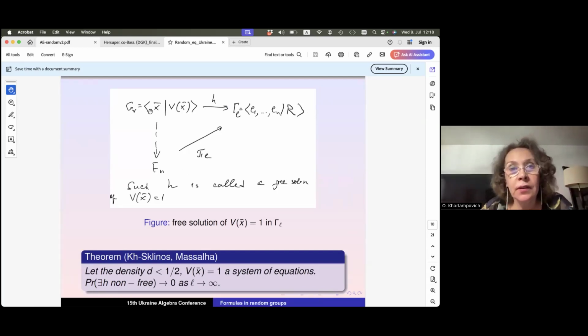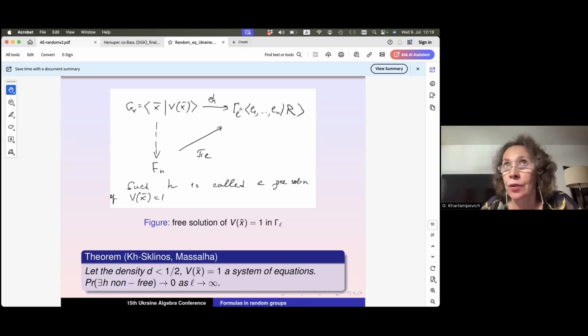So let's formulate this precisely. A solution to a system of equations V of x can be considered as a homomorphism H from the group given by generators, where variables we take as generators and the system of equations we take as relations. So it is a homomorphism from this group into a group at length L in the model, into a random group. We say that a solution is free, or can be lifted, if we can factor this homomorphism.